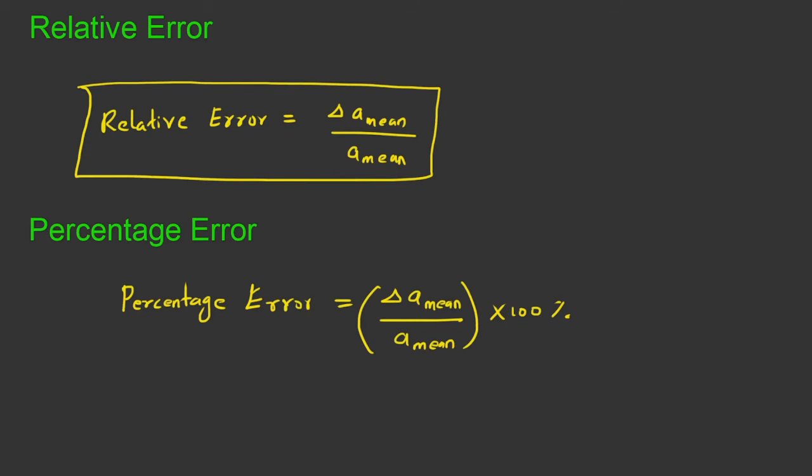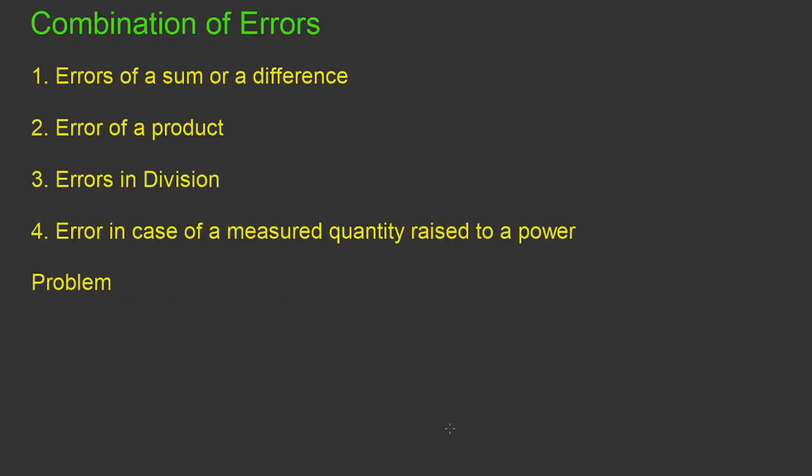So here we studied different terms and equations related to error. The next section we are going to study is combination of errors. Most of the experiments require several measurements and the formula include mathematical operations. So, it is important to know how the errors in all measurements are combined in various mathematical operations.